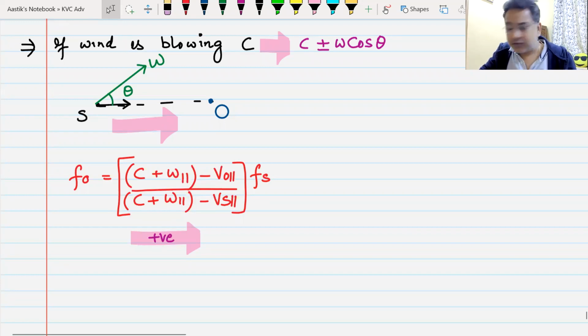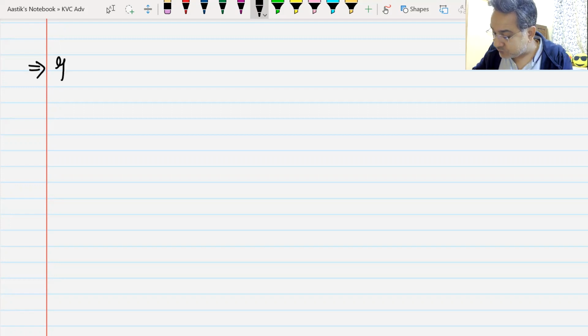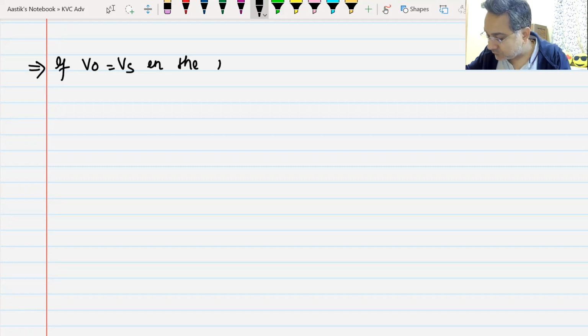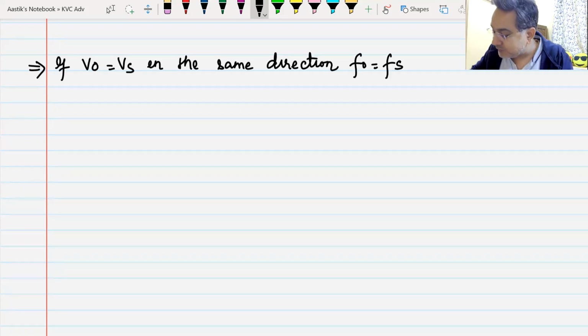You can also note down two more points here. If they are moving in the same direction with the same velocity, if VO is equal to VS in the same direction, then F naught will be equal to Fs and there will be no Doppler effect.